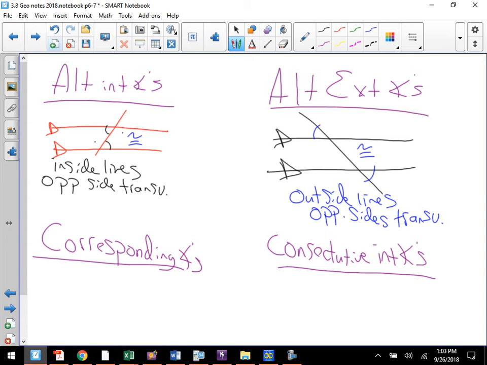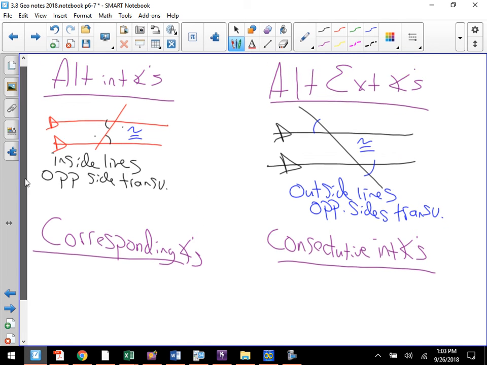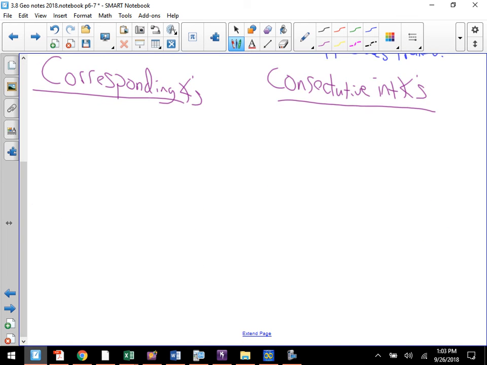As you get into the corresponding and consecutives, corresponding angles looked a little different. Where were corresponding angles located? What do you mean? So if we say top right, where is it on the next one?